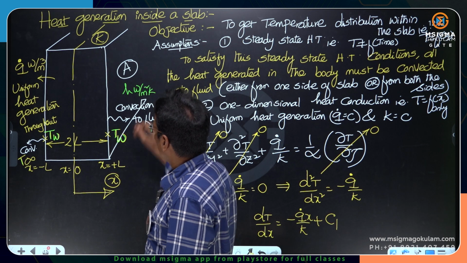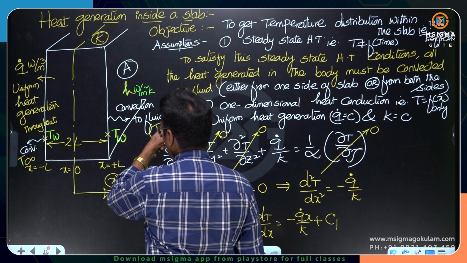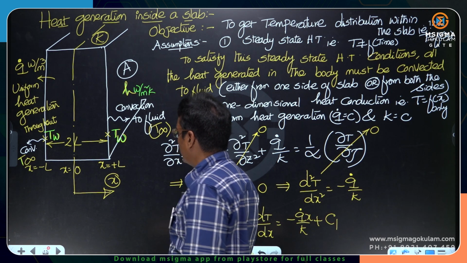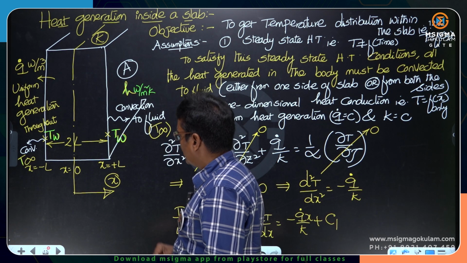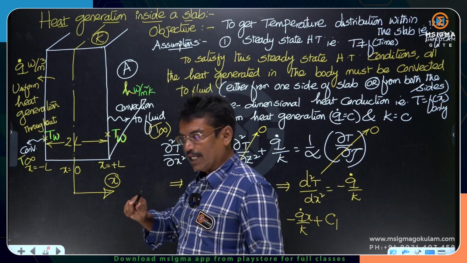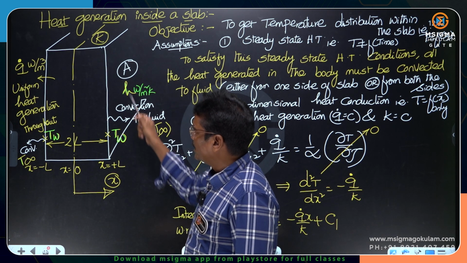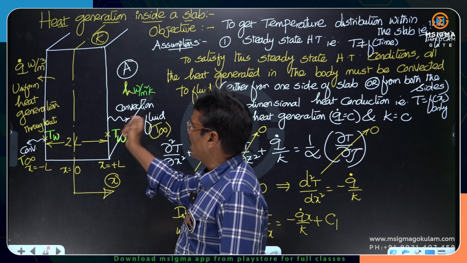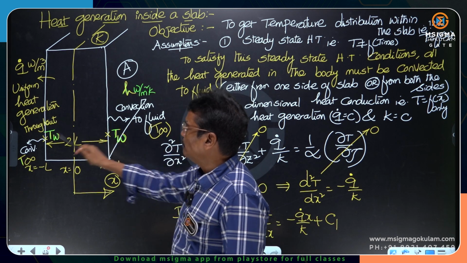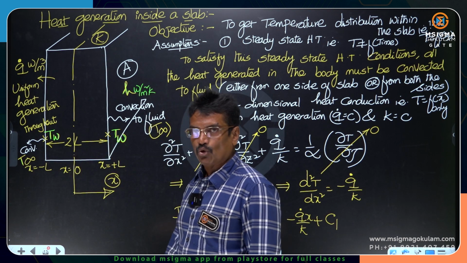With the same convection heat transfer coefficient h and the same fluid temperature, only then may you achieve this Tw, the same on both sides. I repeat once again, if you want to see the same Tw on both sides, 50% of the total heat generated should be convected from the right side and 50% from the other side. For that we should have the same fluid at the same temperature with the same convection heat transfer coefficient h.